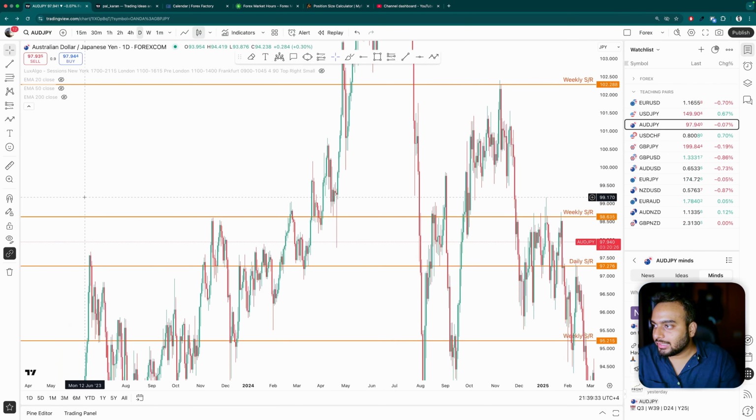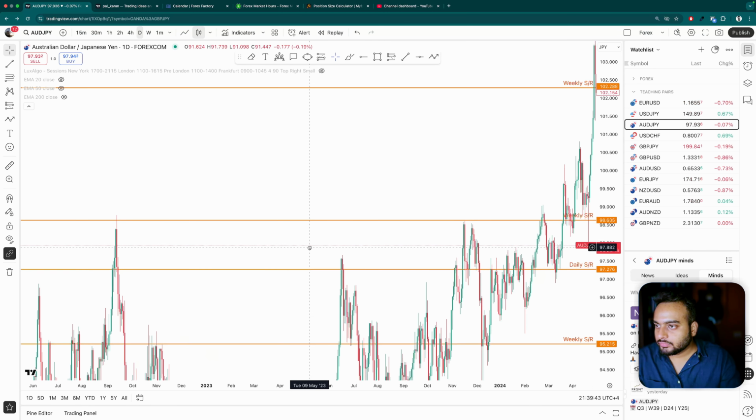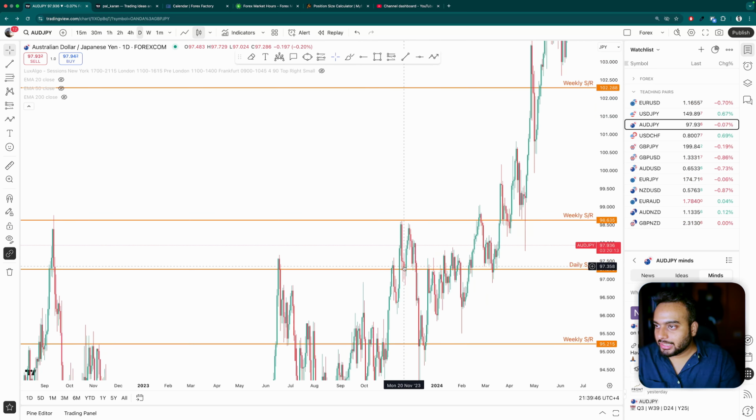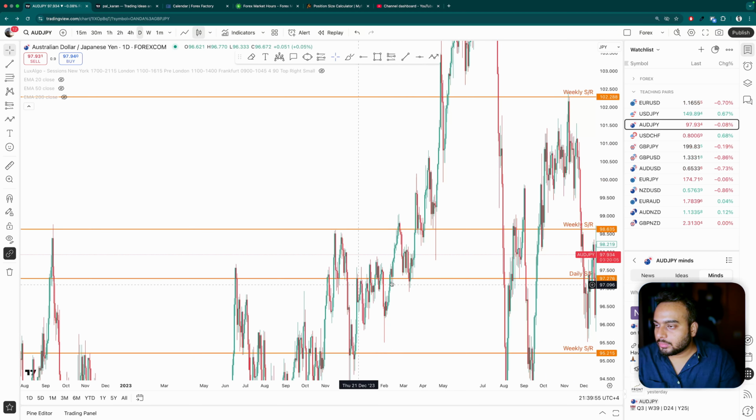This is weekly and daily SR. Let's start from here. The price came here, rejected to go down. The price came here, rejected to move down. The price came here, rejected to move down. When the price came here, during this period, the price is retesting this level and then going up.